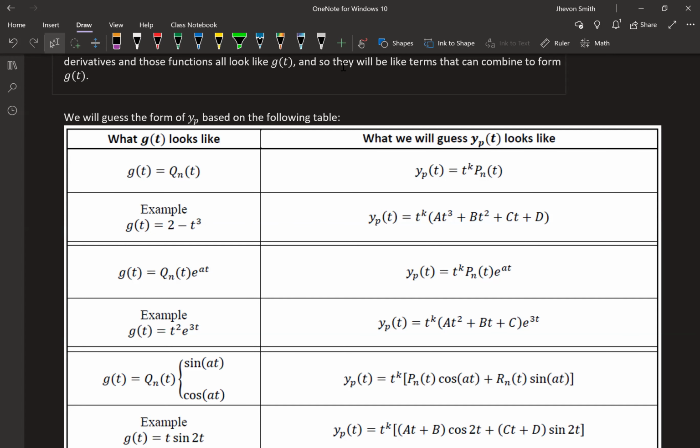So that is the trick. And so here, the t to the k that you're going to be seeing in this table repeatedly represents a function that you can multiply by to make it unsimilar to the homogeneous solution. And I'll talk about that in a little bit. Okay, but for now, let's just understand the kind of guesses that we're going to make, and then we'll go into a bunch of examples.